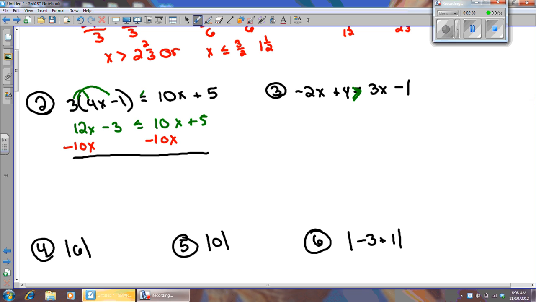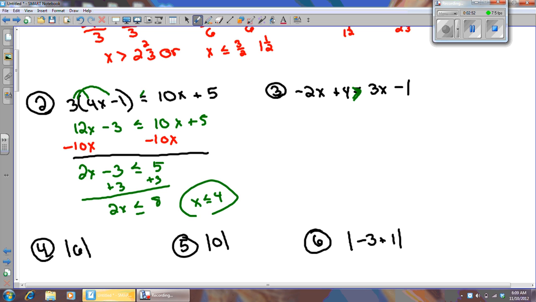So I have on the left-hand side 2x minus 3 is less than or equal to 5. I'll add 3 to both sides. 2x is going to be less than or equal to 8, which means that x is going to be less than or equal to 4. If I was asked to graph that on a number line, that would be pretty simple.